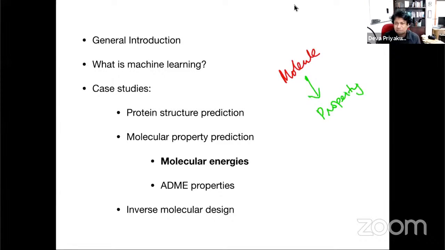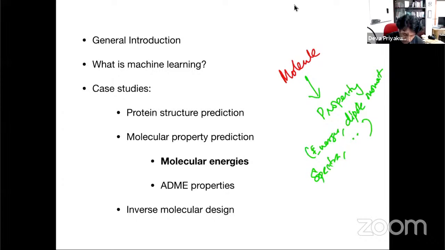This is a question that we always ask. Right? For example, if I have a molecule, what is the energy of the molecule? What is, let's say, the dipole moment? What is its spectra? Okay, and so on, right?